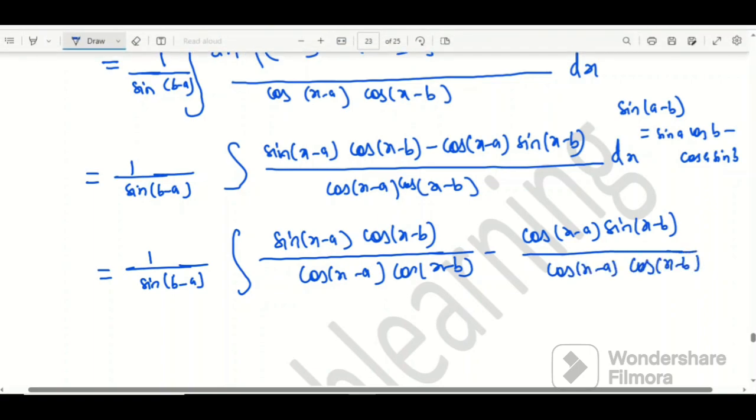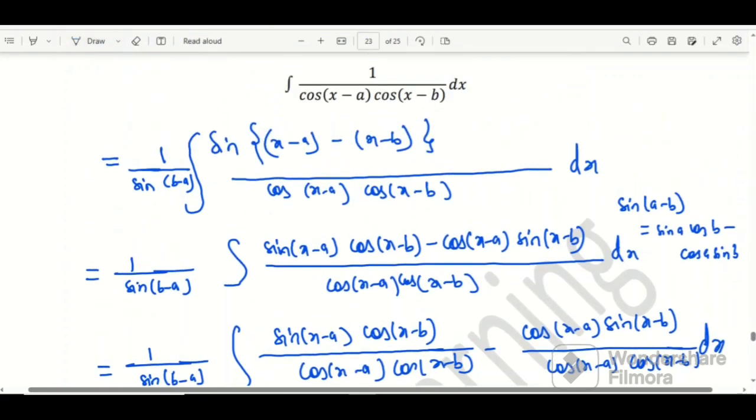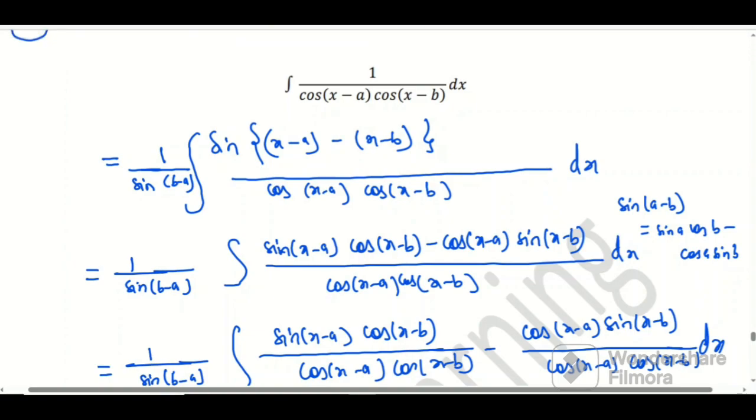If I had taken in terms of cos, it would have been cos A minus B. The formula of cos A minus B is cos A into cos B plus sin A into sin B, and I could not have cancelled one term from the second part. That's why I've taken sin here.